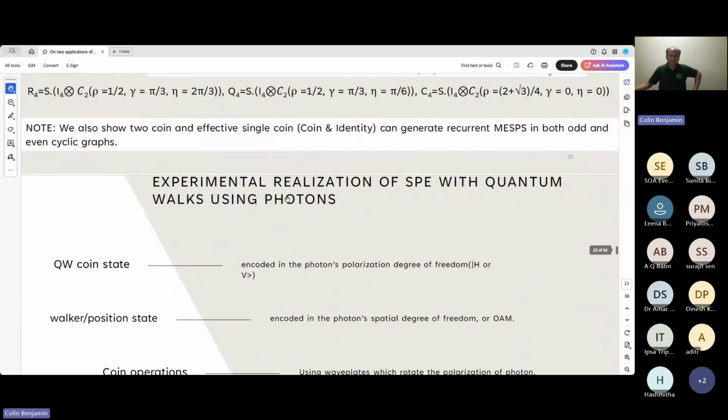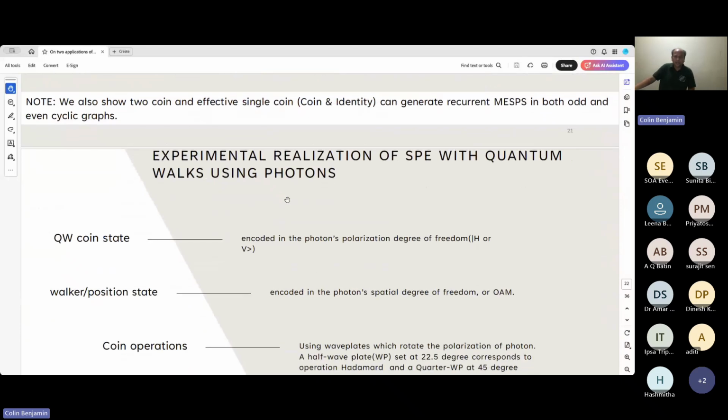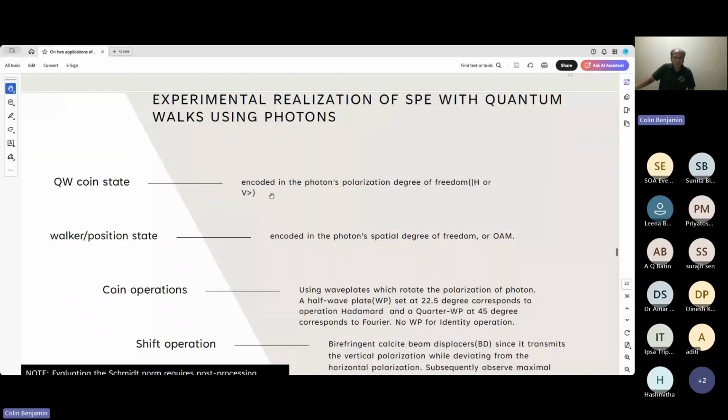Now this can be easily experimentally realized using quantum walks with photons. So what you do is you encode the quantum coin state in the photon's polarization degree of freedom, that is its horizontal or vertical degree of freedom. The walker position is encoded in the photon's orbital angular momentum.